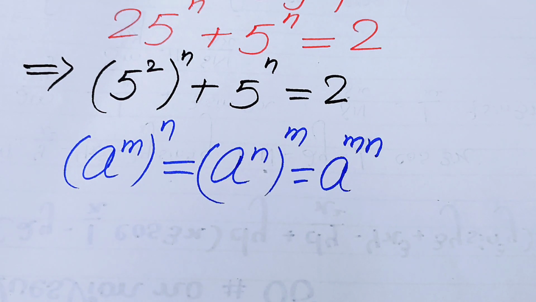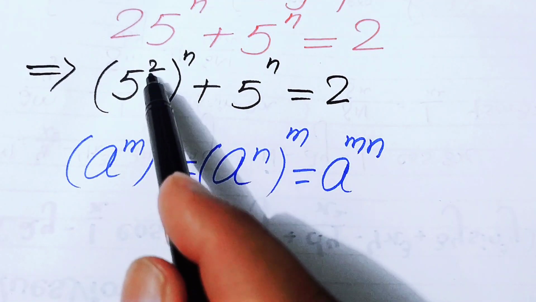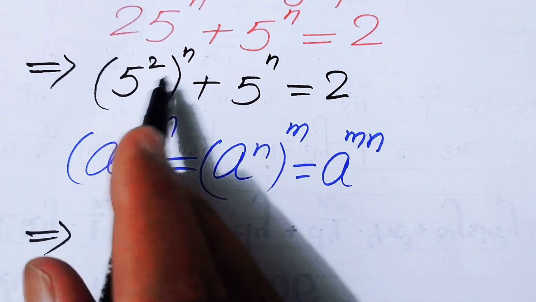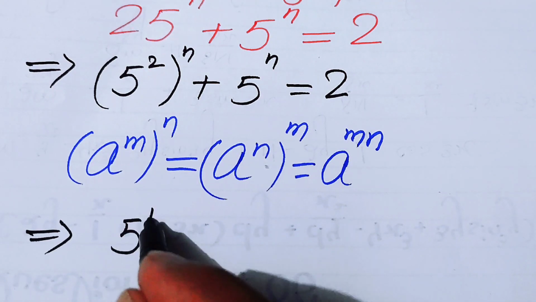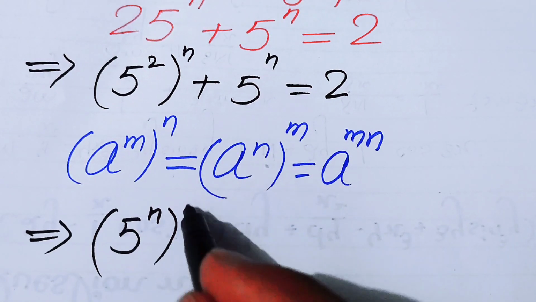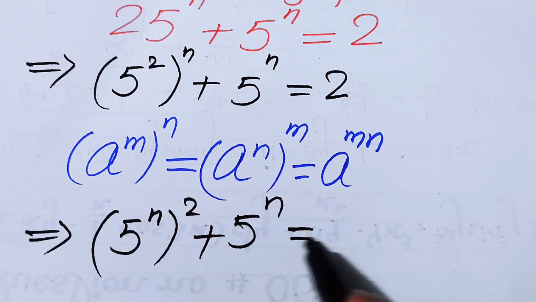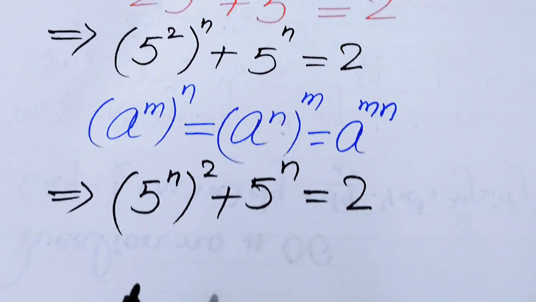So we interchange these two exponents, and after changing them we get 5 to the power of n and its whole squared, plus 5 to the power of n is equal to 2.